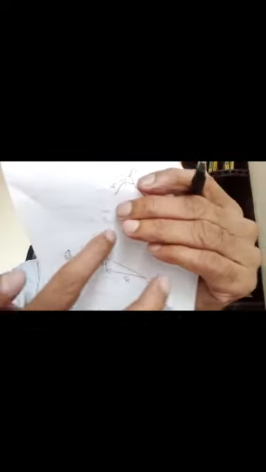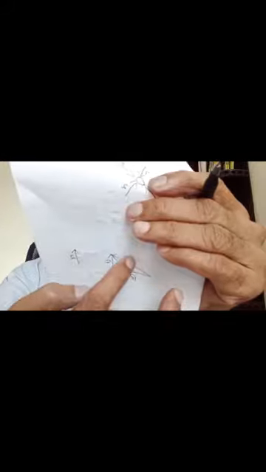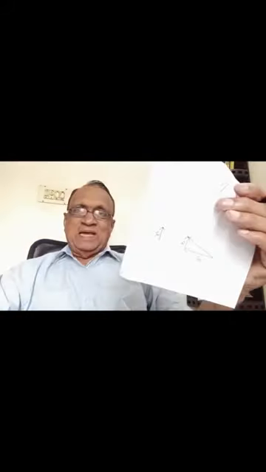Thus we get 8 in this direction, 2 in this direction. Then the resultant force will be in the direction of the third side, this one. That is the triangular law.